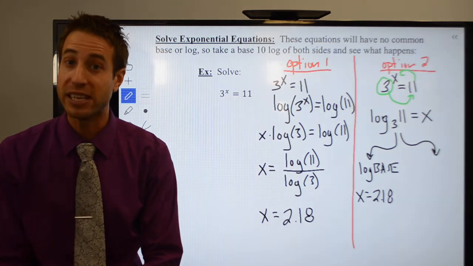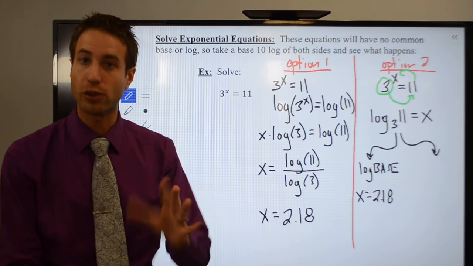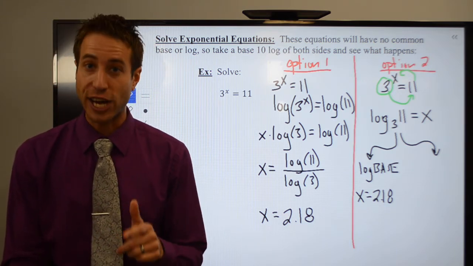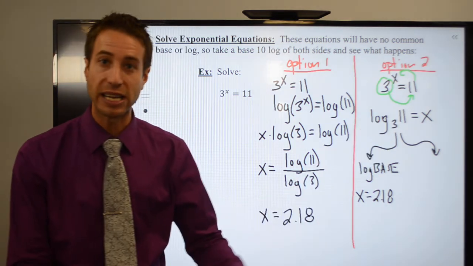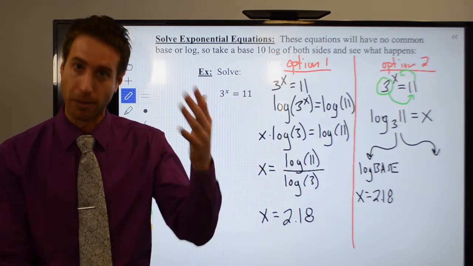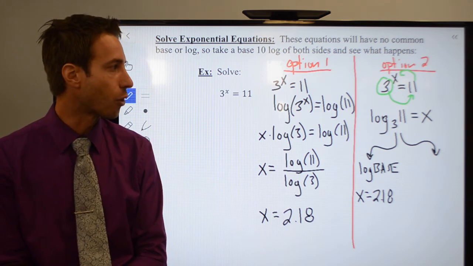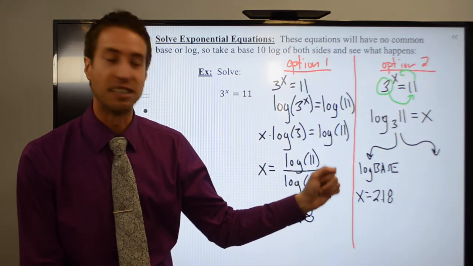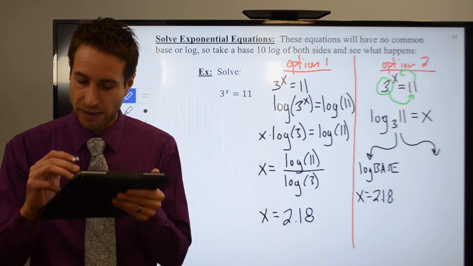If you don't have a graphing calculator, you ready for this? We talked about this already as well. If you don't have that log base function on your graphing calculator, or you're using a scientific calculator, you have to use what we call the change of base formula, where we convert a log base 3 to a log base 10, the common logarithm, which is why we've seen this before. And remember the way that that change of base formula worked. The way it worked is you take the common log of the argument divided by the common logarithm of the base, and that will give you x.